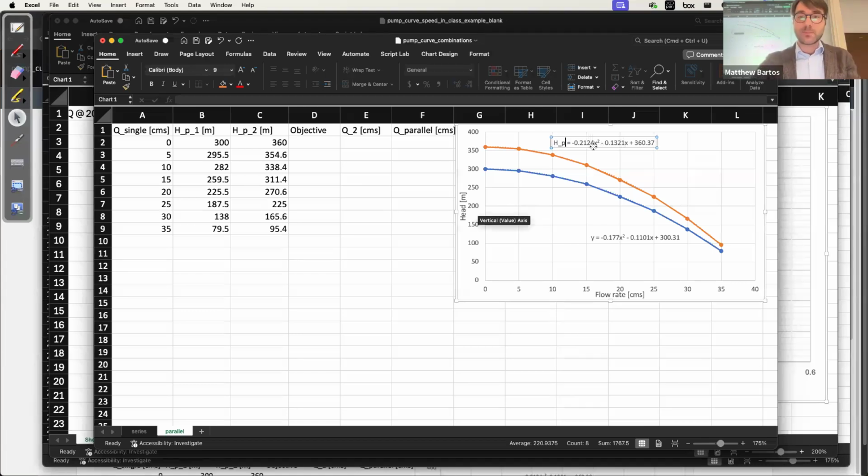So this is HP, the Y value represents the pump head, the X value represents the discharge. So we're going to give it a known value of the pump head that we want to compute the discharge for. And then we do what?